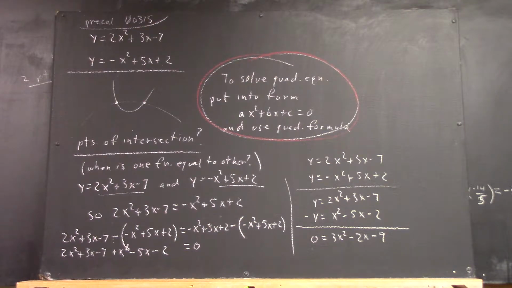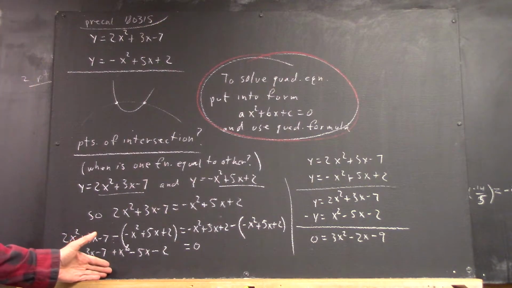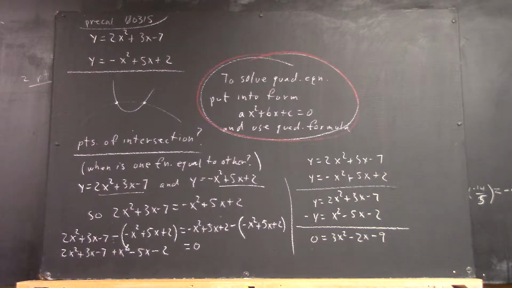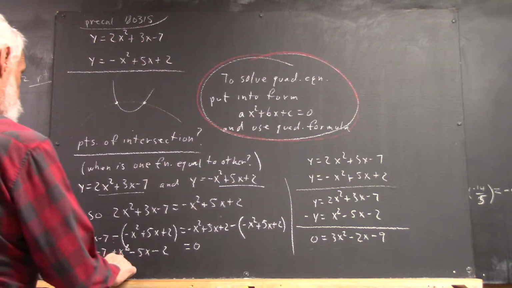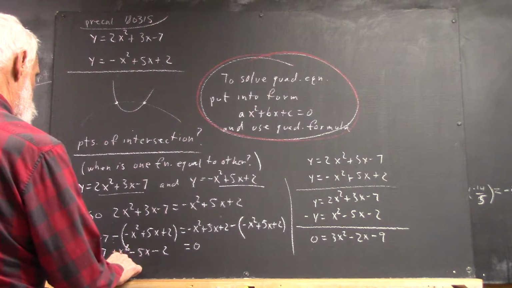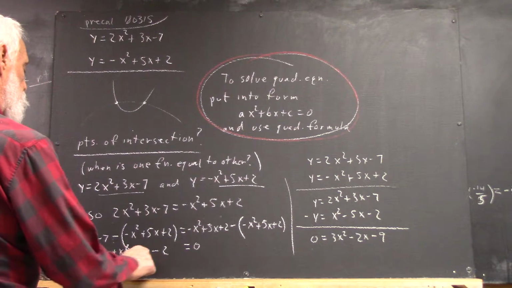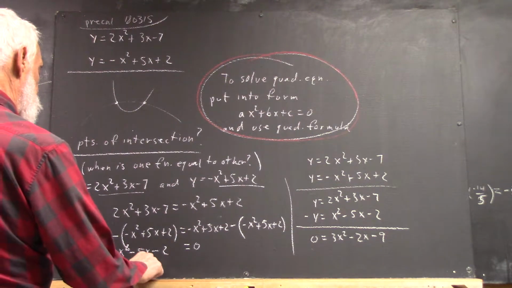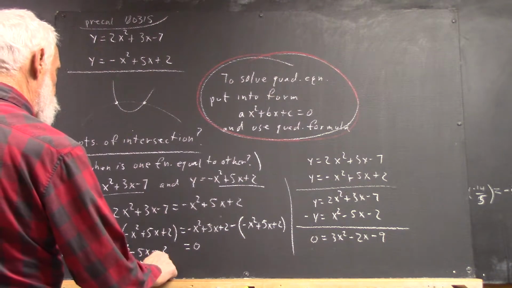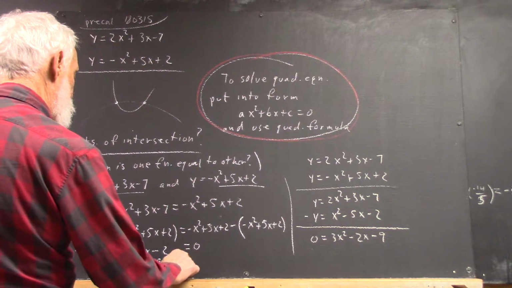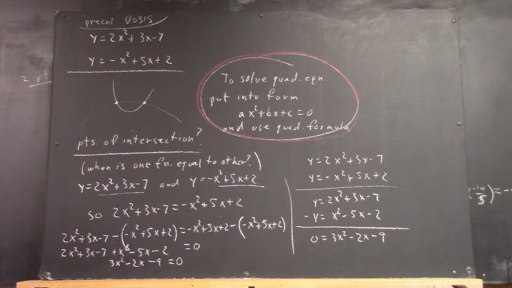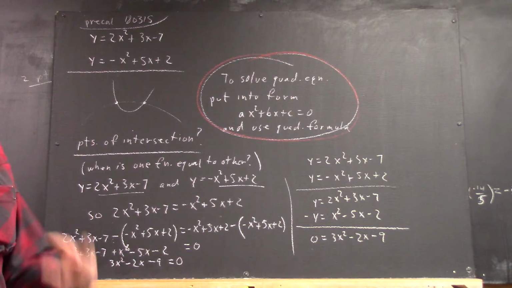Okay? So being careful with the algebra and with taking every step, then I can say, okay, well, I've got now 3x squared, and 3x minus 5x is minus 2x, minus 7 minus 2 is negative 9, equals 0. And I can tell just by looking at this that I'm going to get two solutions.